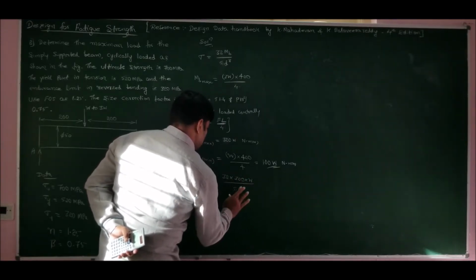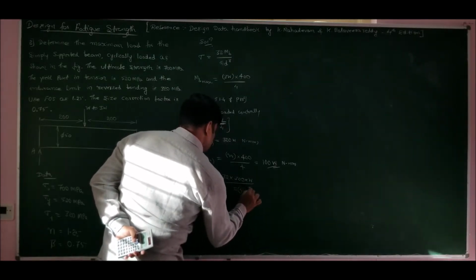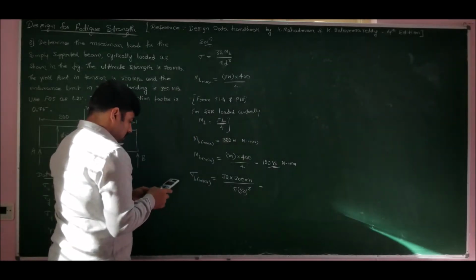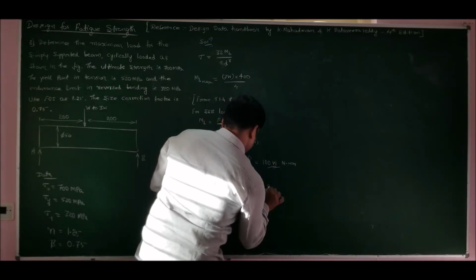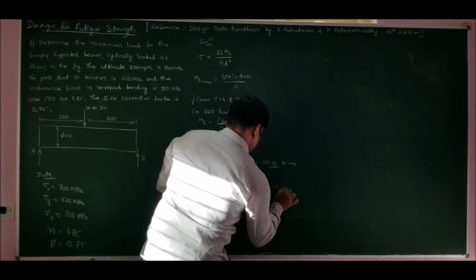So diameter is known. Diameter is 50 cube. So if I solve this, I will get the value as 0.02445 W.